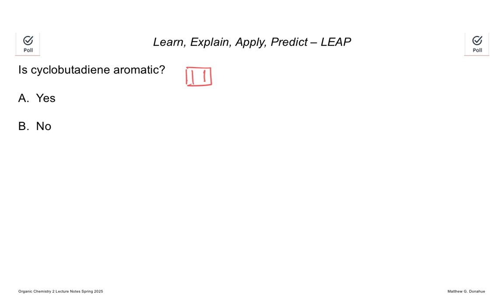So is cyclobutadiene aromatic? So it has to obey that with the pi electrons. So we see here we have 4 pi electrons. So that doesn't fit into this 4n plus 2.